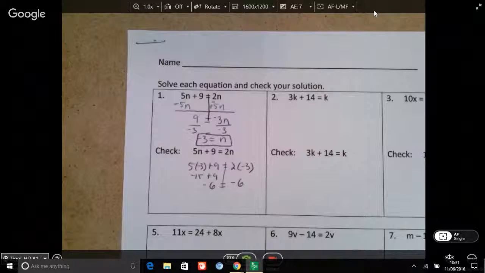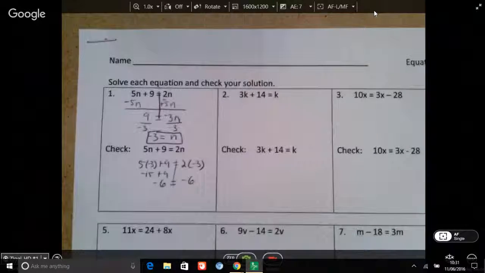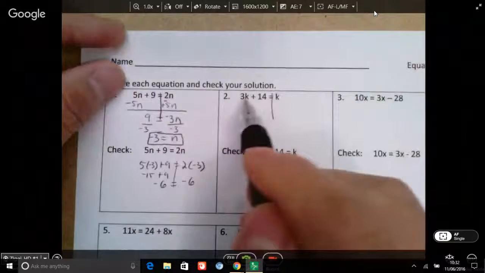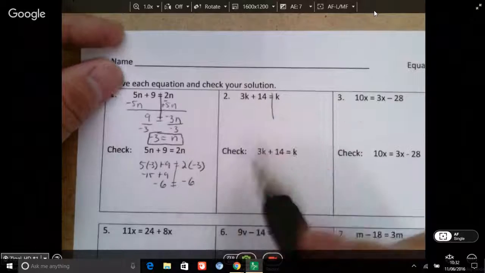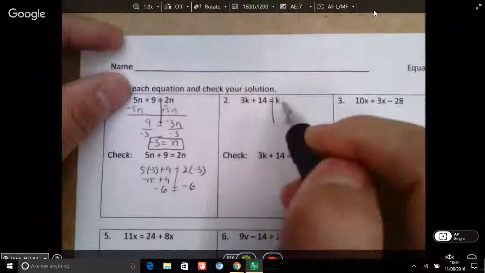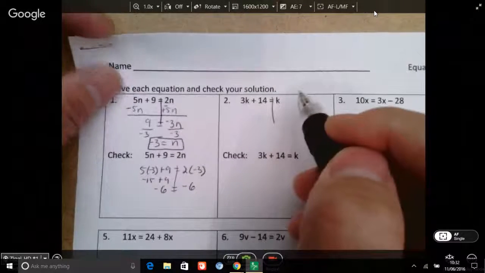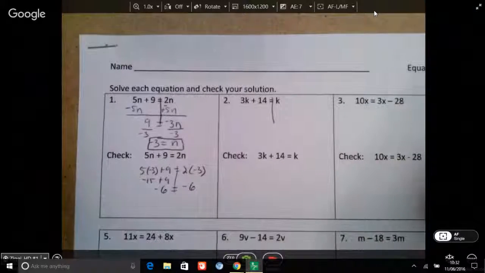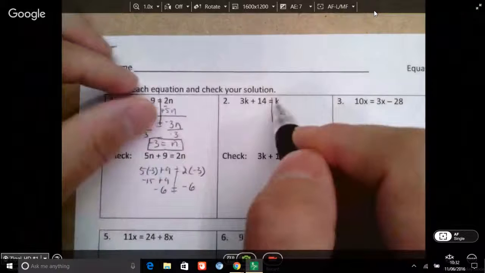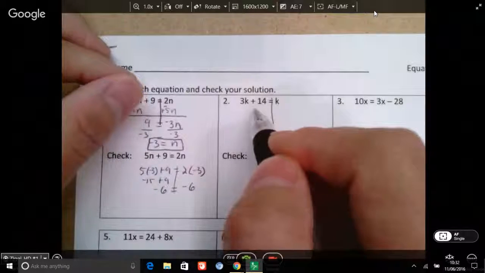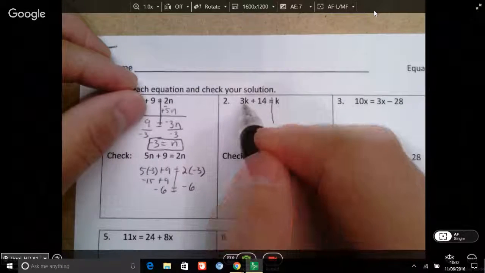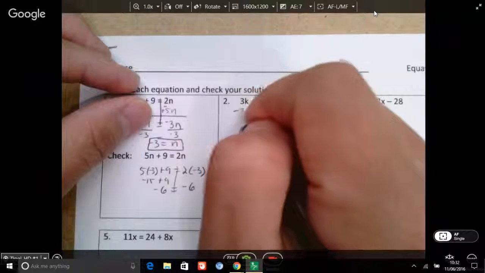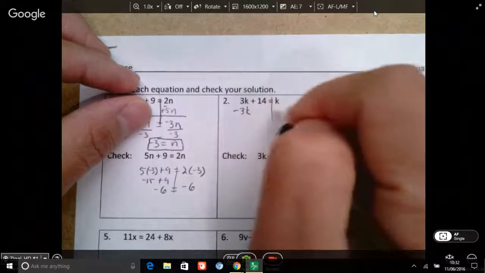Okay. All right, let's take a look at number 2. Same type of situation here. There's my equal sign. There's two K's, one on the left, one on the right. So I want to move the one where I would still keep something on both sides, right? If I move this K over here, there'll be nothing left on the right. I want to move this 3K. It's a positive 3K again, so I'm going to subtract 3K. Subtract 3K.